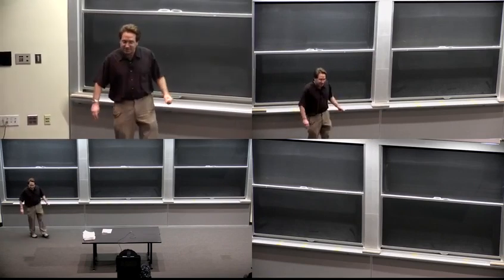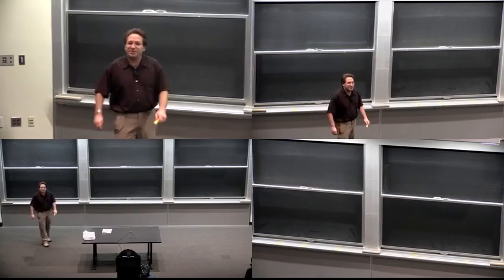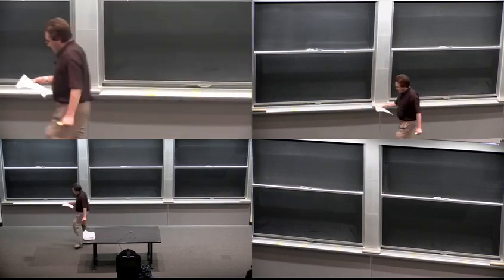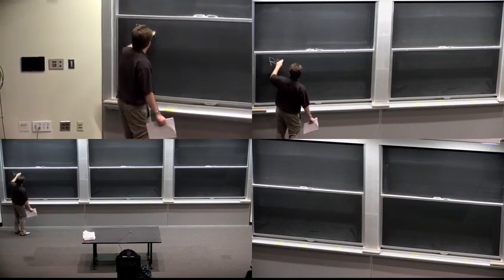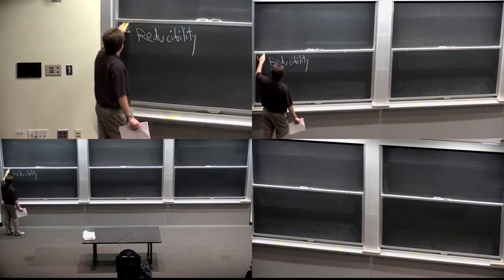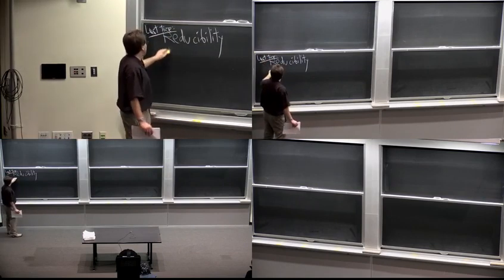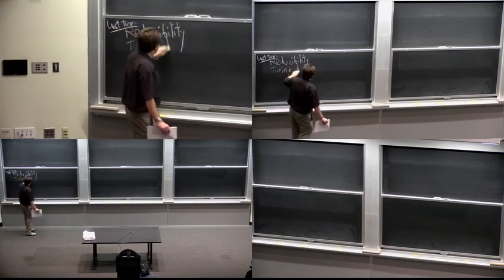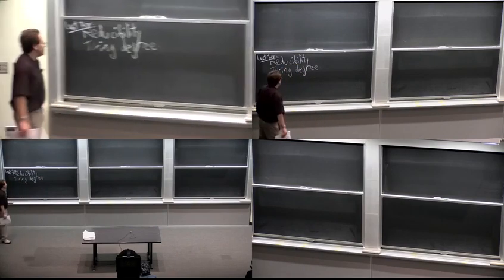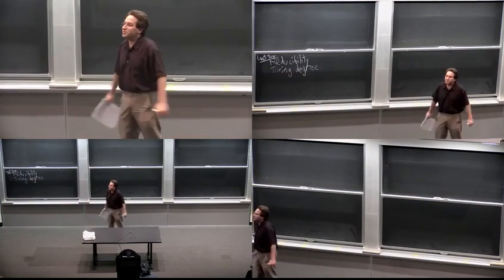So last time Robin told you about computability, about reducibility, the concept of a Turing degree, which is like a set of all of the languages that are interreducible to one another.